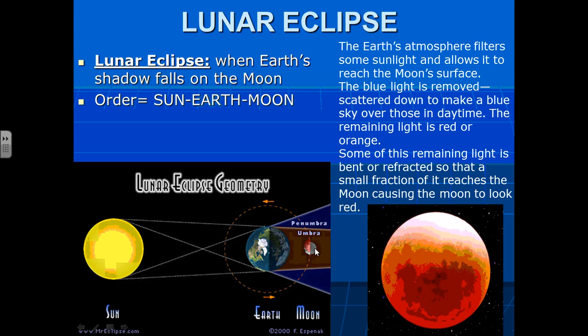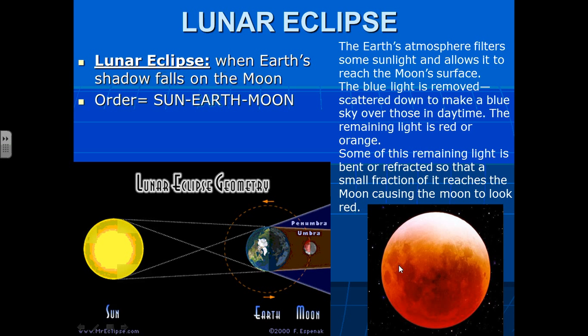And there's something really cool that happens when a lunar eclipse occurs. The moon actually looks red, and it looks red because the Earth's atmosphere normally filters some of the sunlight and allows it to reach the moon's surface. The blue light is removed. The blue light that would normally shine through our sky is removed and scattered to make the blue sky in the daylight.